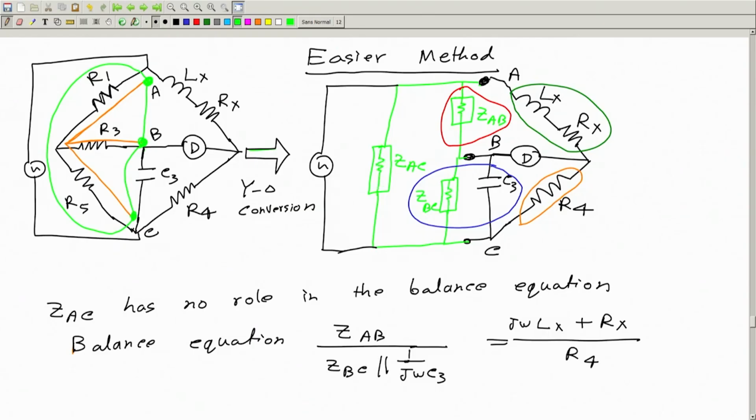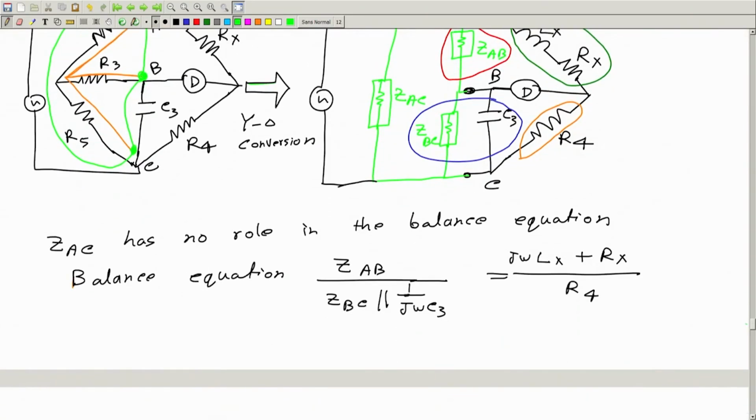So you can call this RAC, RBC and RAB instead of Z. We know they are going to be resistances. And what is the value?